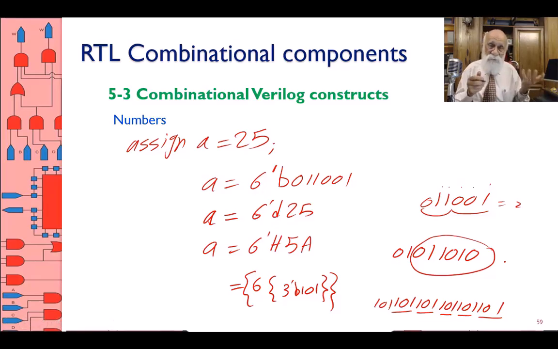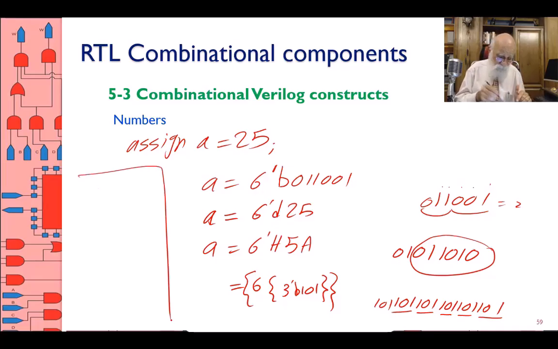We have seen numbers, and a lot of the time it looks easier to just say 25, or when you're checking numbers, you say if select is equal to, let's say, 0 or select equal to 1.